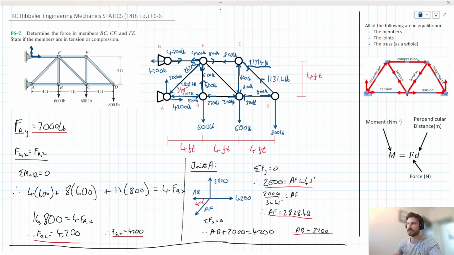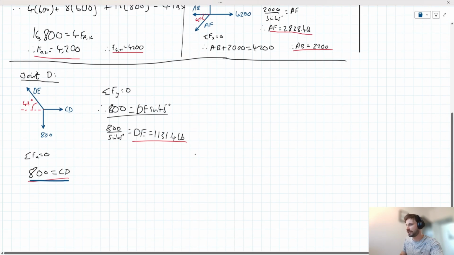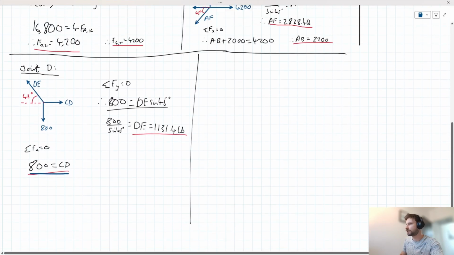It then doesn't really matter which joint we pick between joint C and joint F. Let's pick joint C, since at joint F we've got a diagonal force acting there. We'd prefer just to work with as few diagonal forces as we can, really. So we're picking joint C here. Let's go down. Let's create some more space. So joint C.